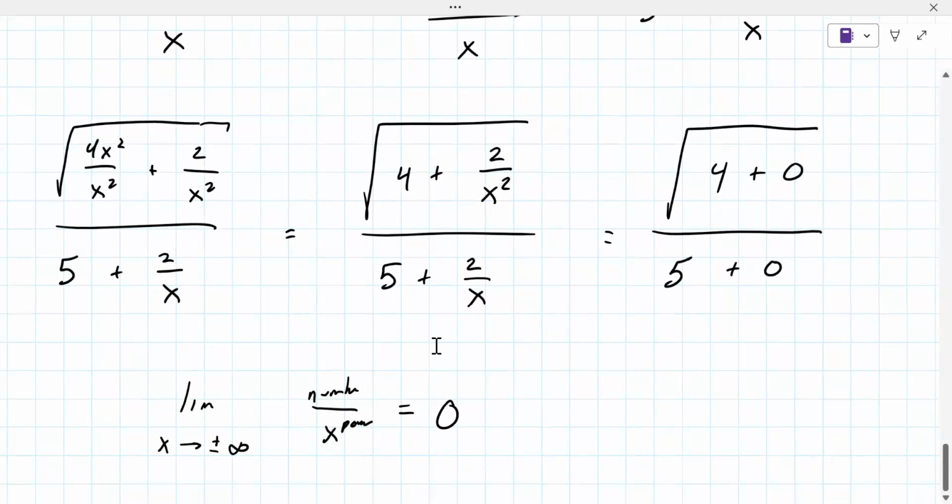Because of this down here. So some examples would be the limit as x goes to infinity of 5 over x squared, that goes to 0. Any number in the top over x to any power goes to 0.